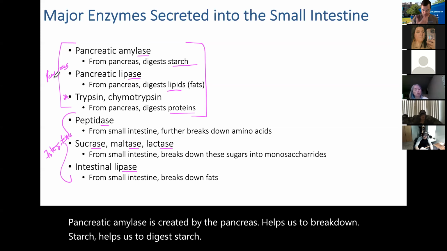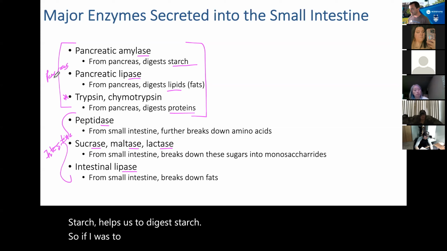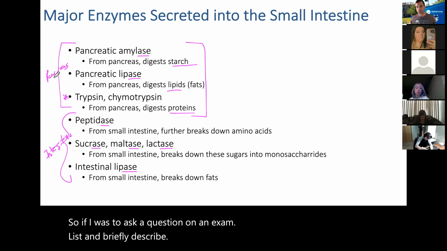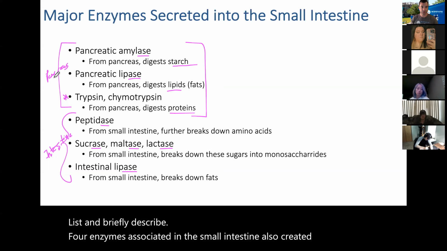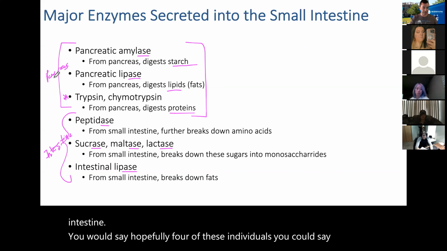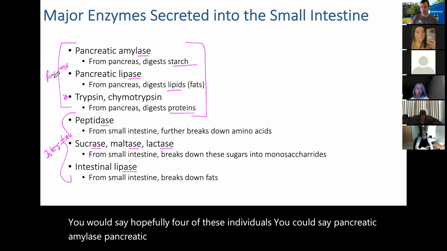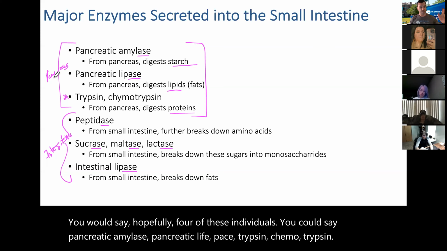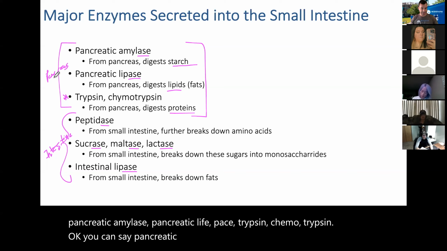If I were to ask a question on an exam, list and briefly describe 4 enzymes secreted into the small intestine, you could say pancreatic amylase, pancreatic lipase, trypsin, chymotrypsin. Or you could say pancreatic amylase, peptidases, maltase, intestinal lipase.